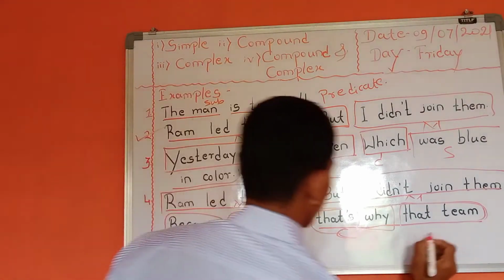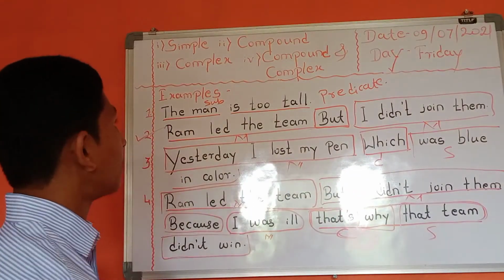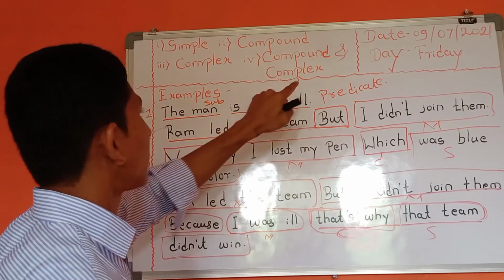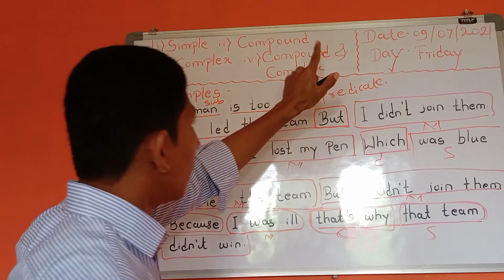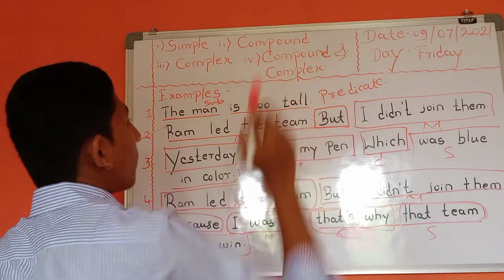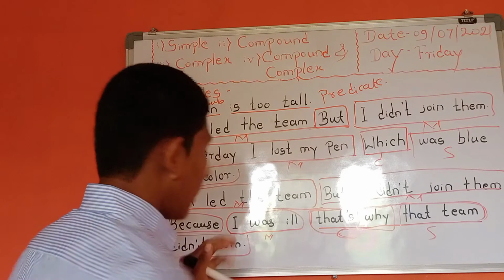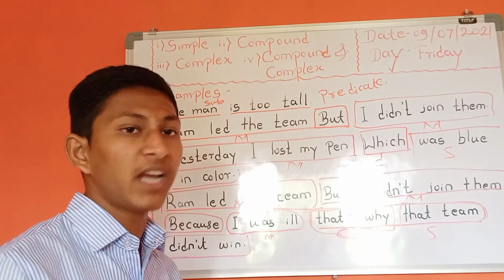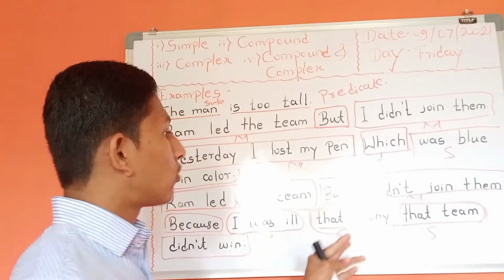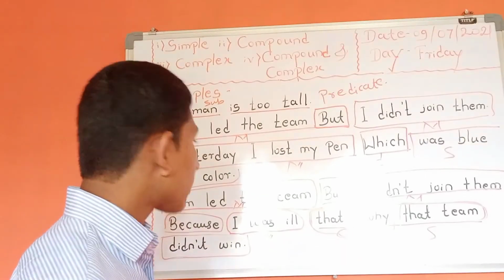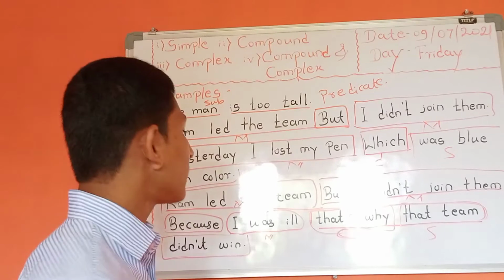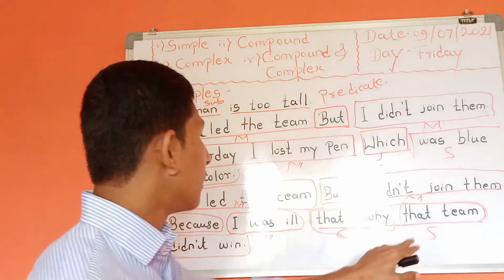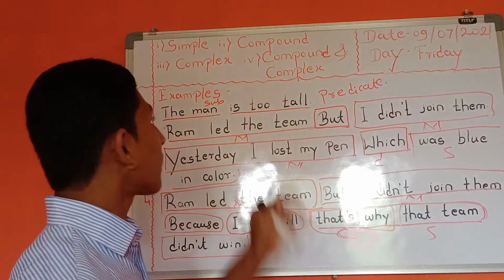This is the subordinate clause. I have already given you the definition of compound-complex, the mixed grammar topic. What is the definition? I will repeat. There will be two or more than two main clauses in compound-complex, and at least one subordinate clause will be there. That's what we call compound-complex.